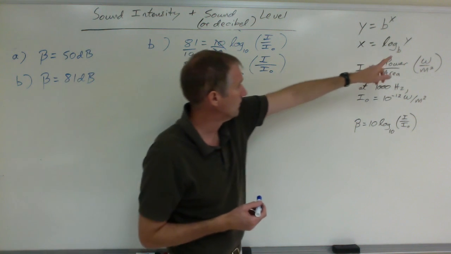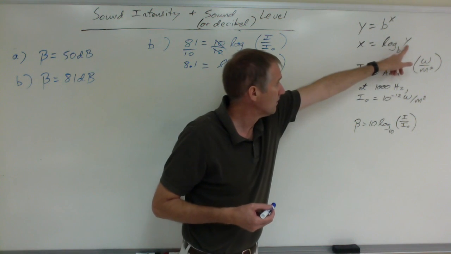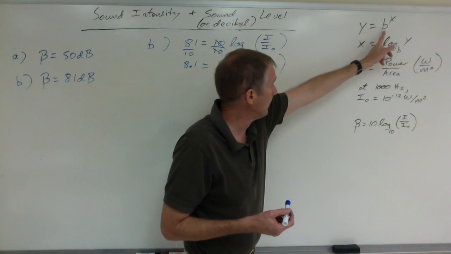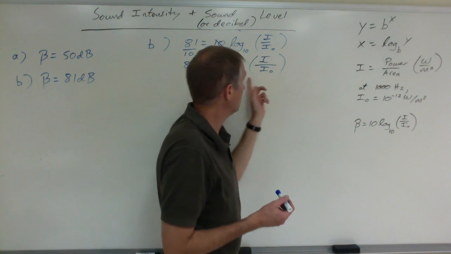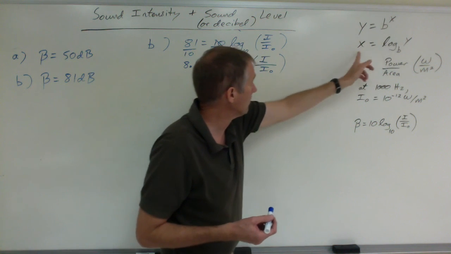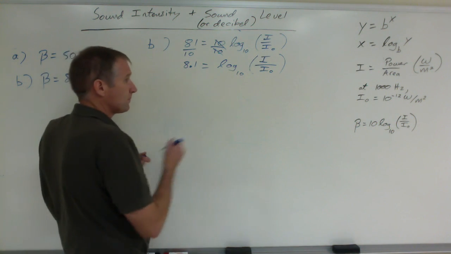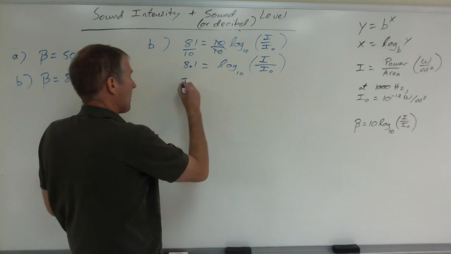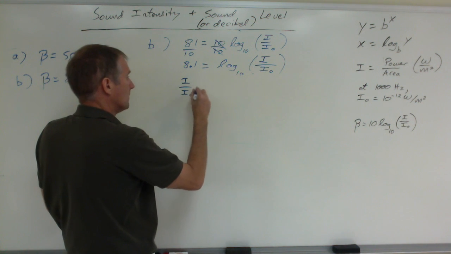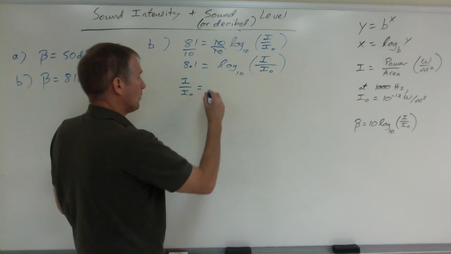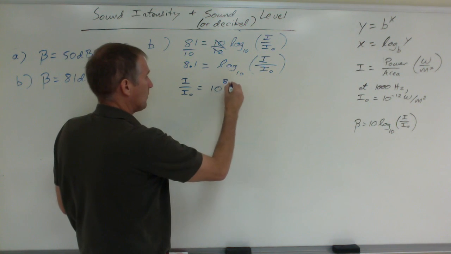Again, I'm doing the conversion. Whatever's over here with this stuff right there equals your base, which is 10, and then to the power of whatever's here, which is 8.1. I over I sub 0 equals 10 to the power 8.1.